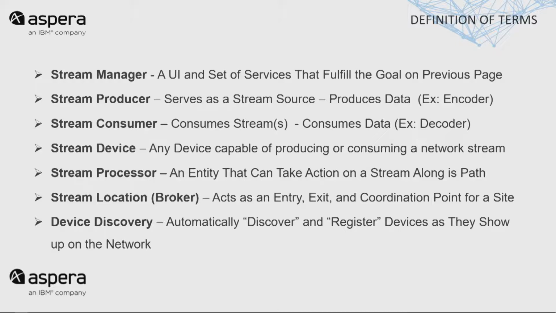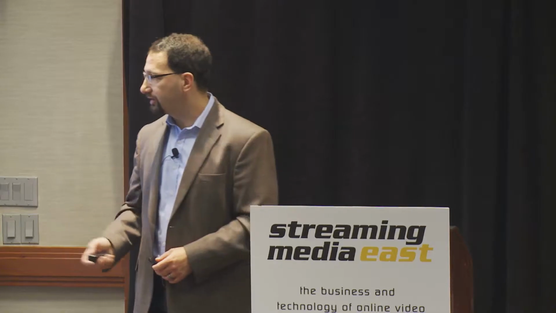Producers create streams, consumers consume or decode streams. A device is anything on the network. A processor processes the streams, and the broker is an endpoint that is able to manage all those local endpoints and send them back to a master solution. And then, of course, device discovery is the key here. Automatically discover and register devices as they appear on the network.